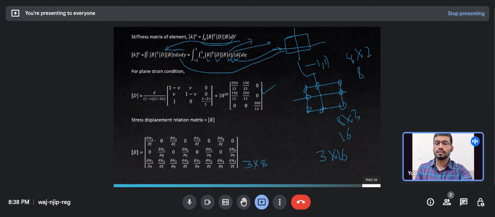Here we have considered the 4-noded quadrilateral element, that's why the size of the B matrix is 3 by 8, and the elements of this B matrix are the derivatives of the shape functions with respect to zeta and eta. So we have calculated all the terms: B, D, t, and the determinant of the Jacobian.